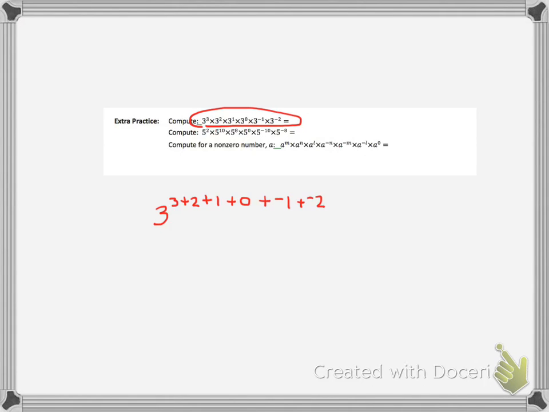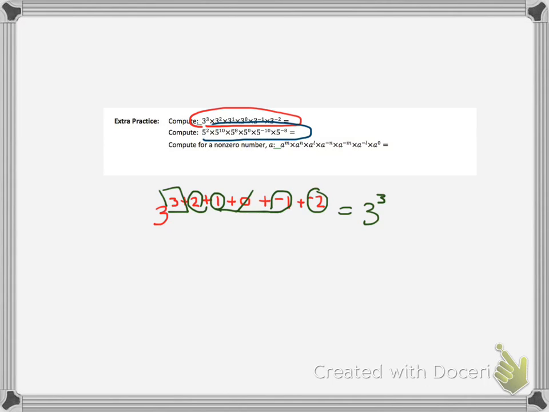And we can go through that arithmetic, but we can also realize that here we have a 1 and a negative 1 that's going to cancel, and a 2 and a negative 2 that's going to cancel. Of course, when we add 0, that does not change anything. And so we really just end up with 3 to the 3rd, and we can leave that in exponential form.